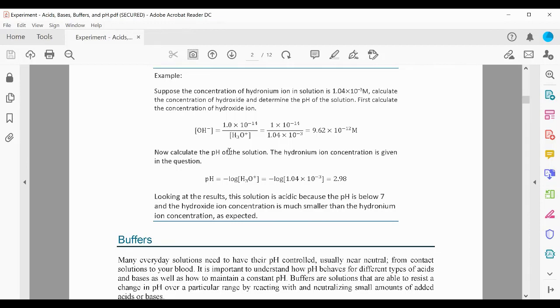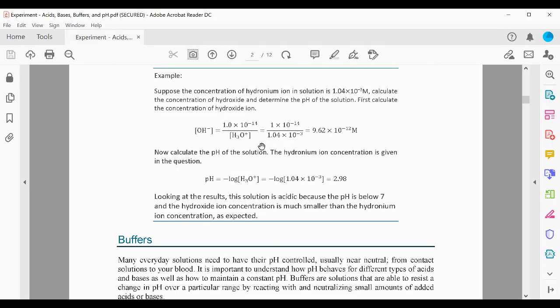So let's say in an acidic solution we have more hydronium ions than hydroxide ions. That means the constant will still work. So if one increased, the other had to decrease. The good part is that from KW, we can always calculate one or the other.